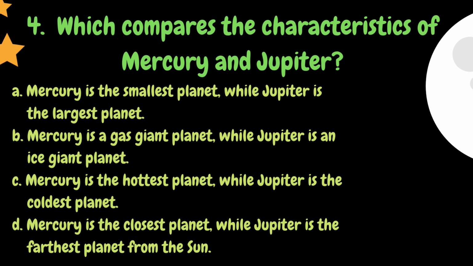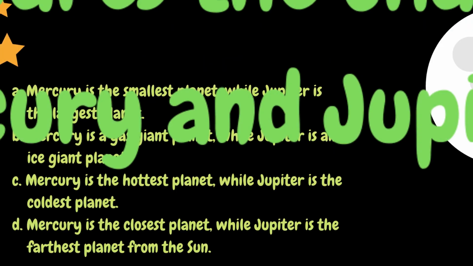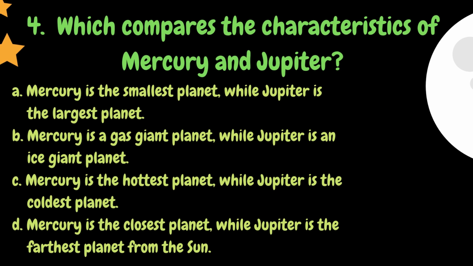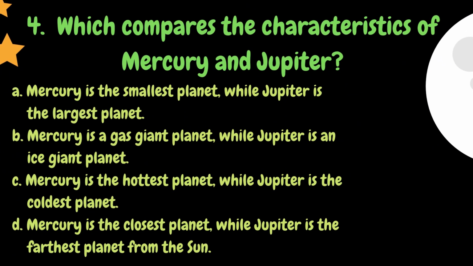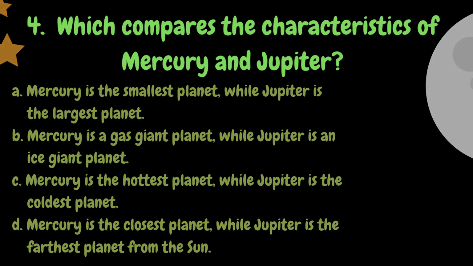Number 4. Which compares the characteristics of Mercury and Jupiter? Letter A. Mercury is the smallest planet, while Jupiter is the largest planet. Letter B. Mercury is a gas giant planet, while Jupiter is an ice giant planet. Letter C. Mercury is the hottest planet, while Jupiter is the coldest planet.